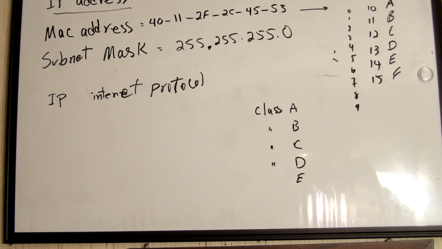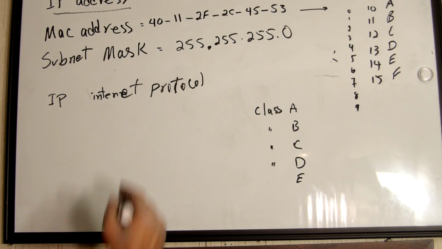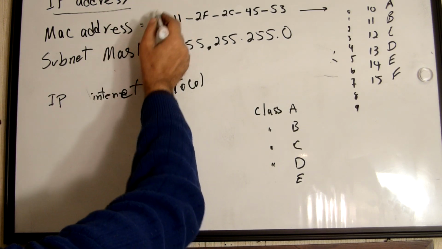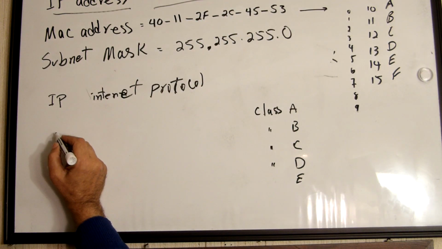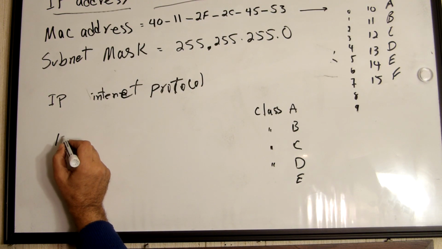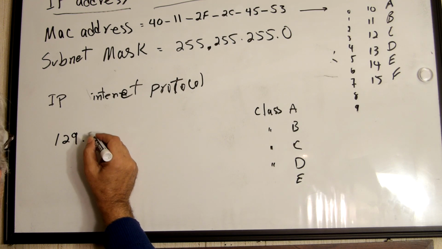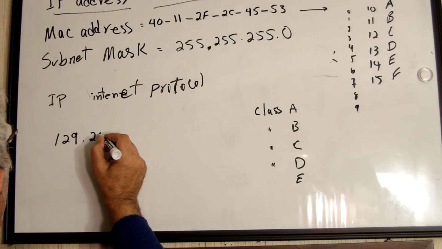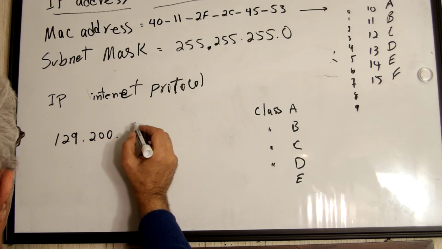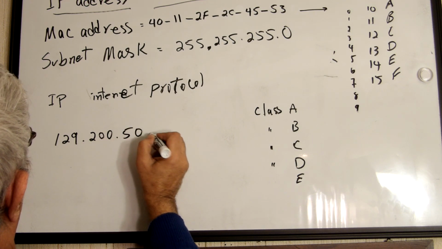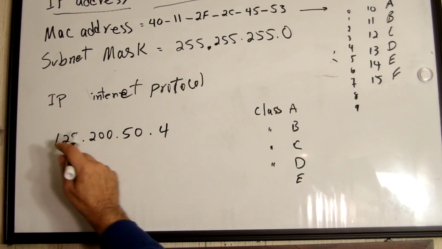There are a number of classes of IP addresses. Sometimes the address starts with 192, maybe it starts with 129.200, or 54, all kinds of different things.